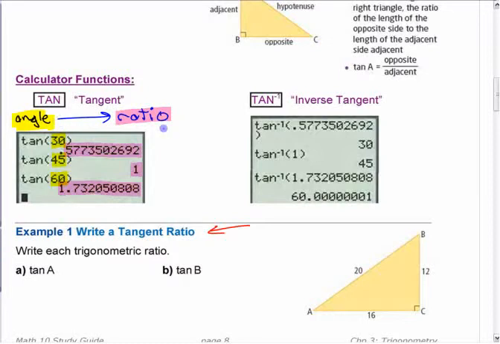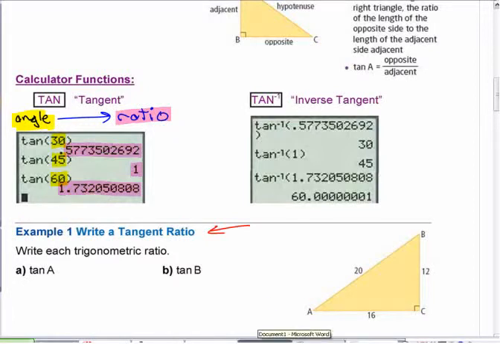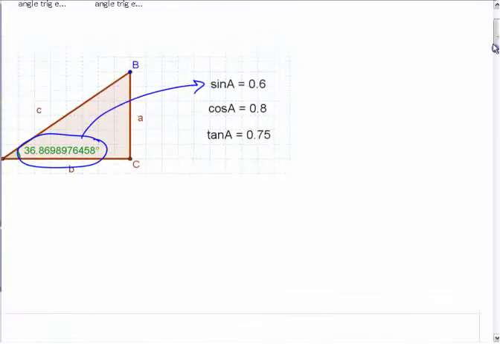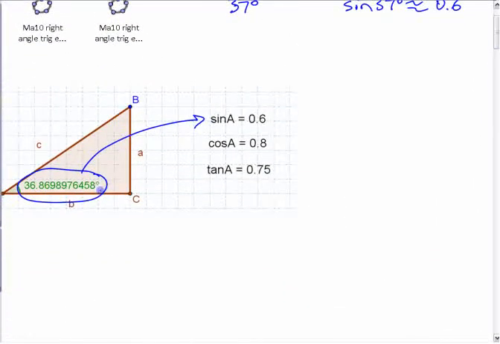Now we want to be able to go the other way as well, right? Your calculator can go the other way. If you go back up to this picture here, this is using the tangent button.